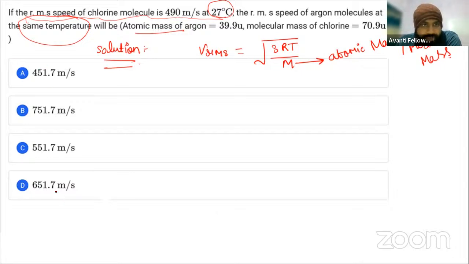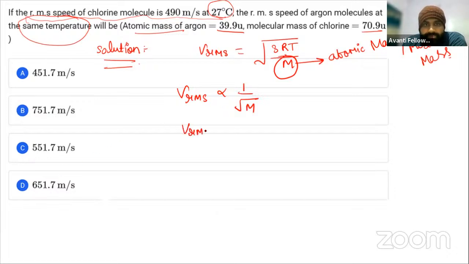But looking at the options, you will definitely reject this, because no answer is 490. So we have to use another relation, and that is M, because here the weights are different. So V_RMS is directly proportional to 1 upon root M.